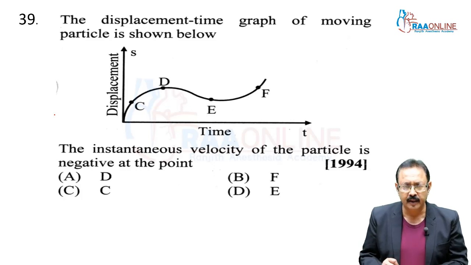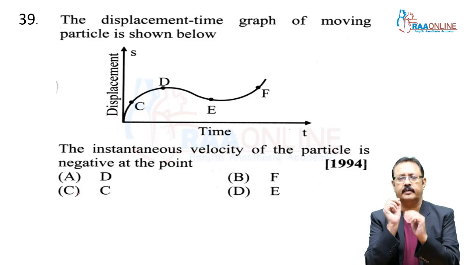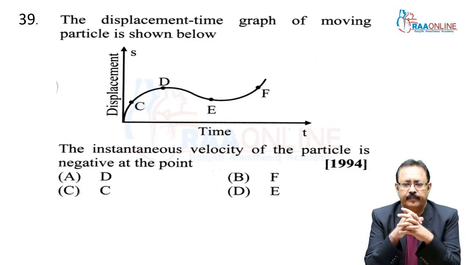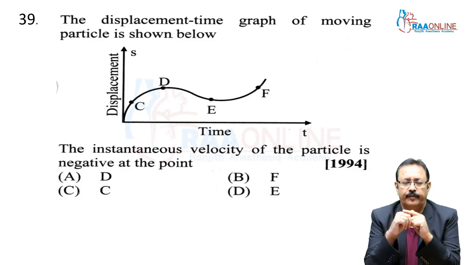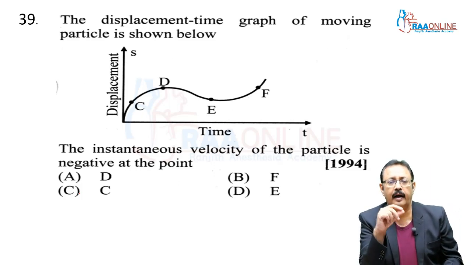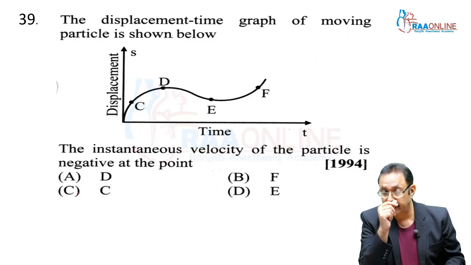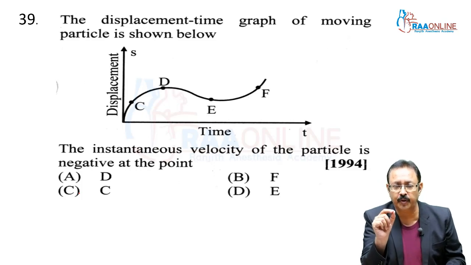39th. The displacement time graph of a moving particle is shown below. The instantaneous velocity of the particle is negative at the point. We know the theory. What is the theory? In a displacement time graph, at any point, the tangent will give you the direction of velocity, and the slope of the tangent will give you the magnitude of that velocity.